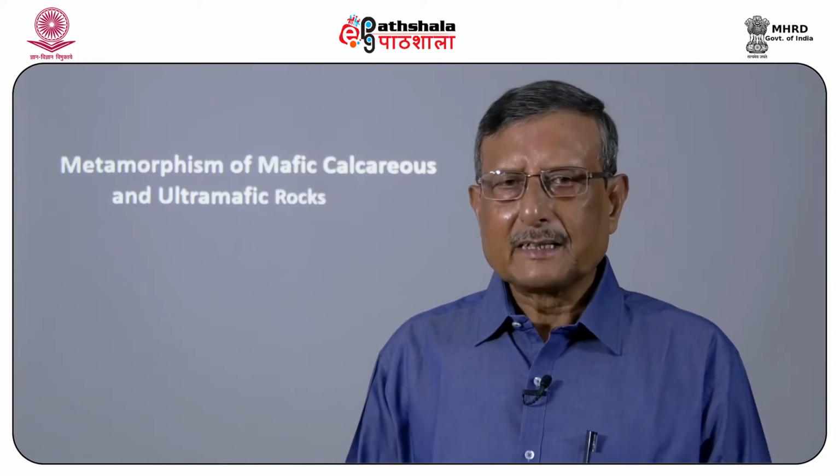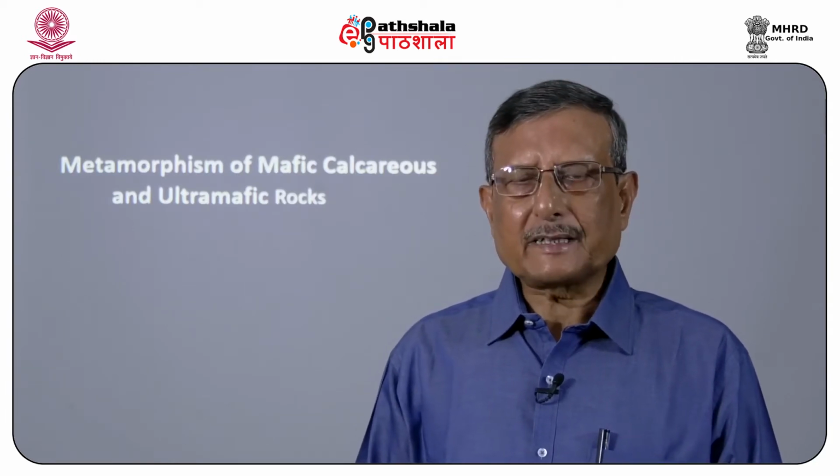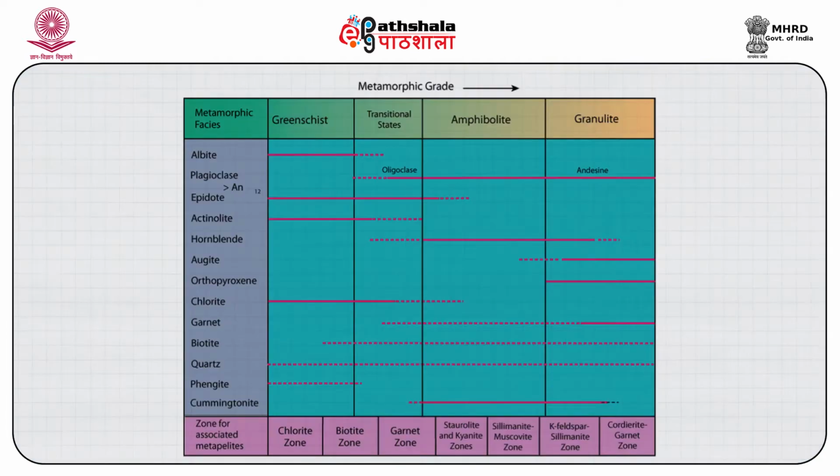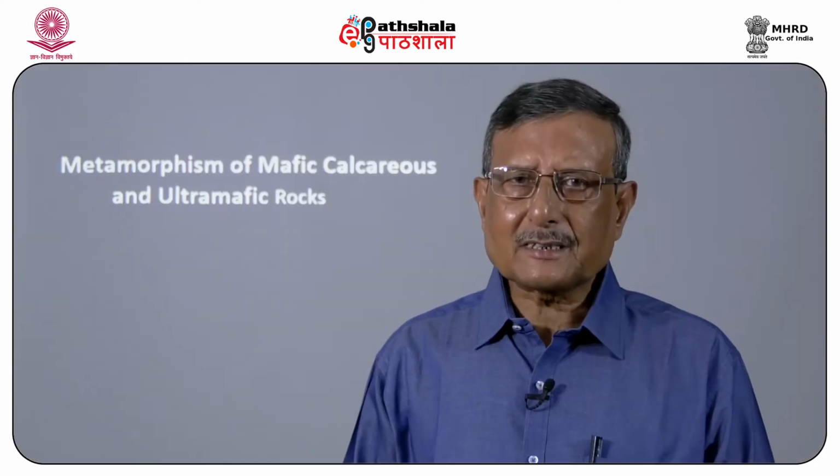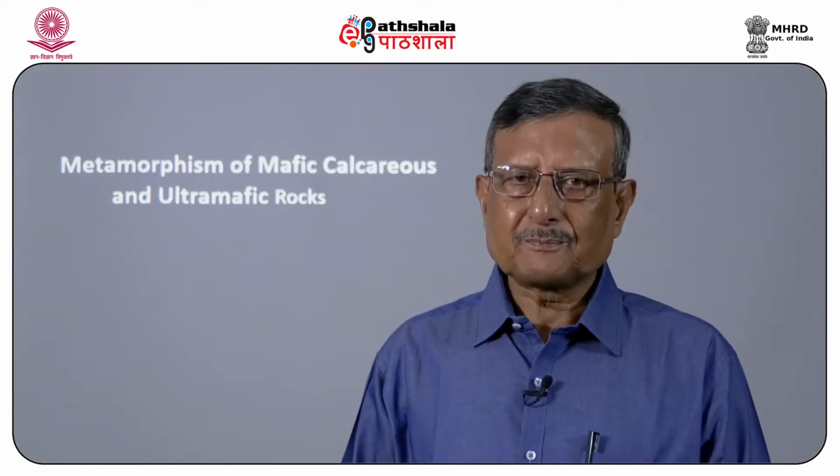And thirdly, important thing to note is that the two pyroxenes, orthopyroxene and clinopyroxene, appear at the highest grade of metamorphism in the granulite facies. These granulite facies metamorphosed mafic igneous rocks are often referred to as mafic granulites or 2-pyroxene granulites because they contain 2 pyroxenes.